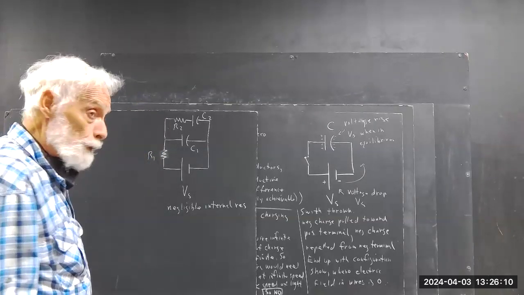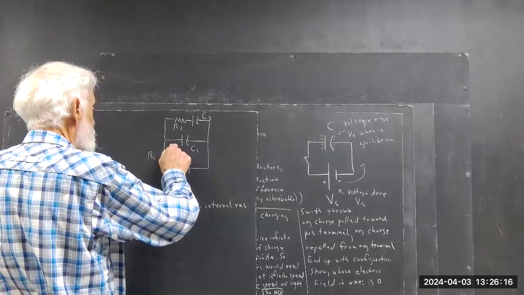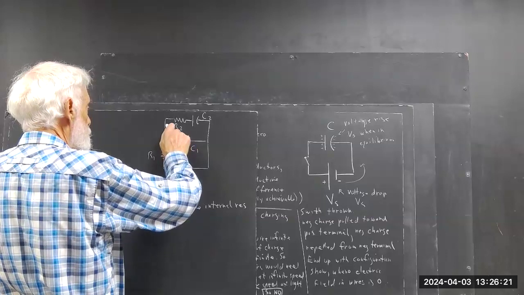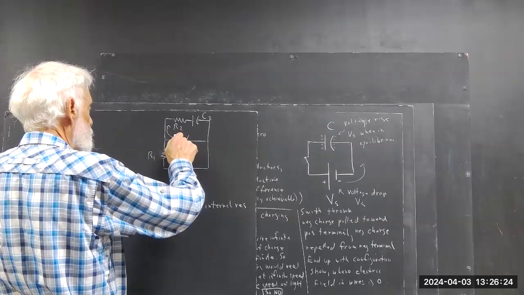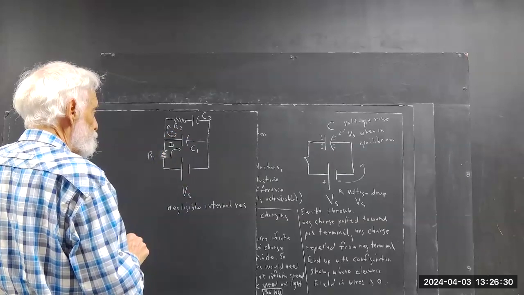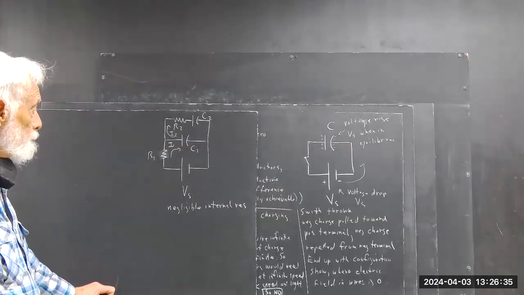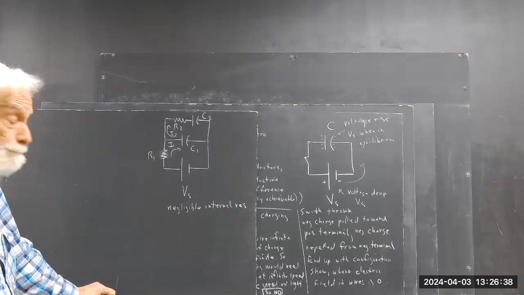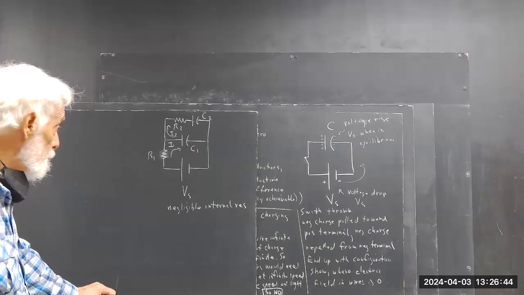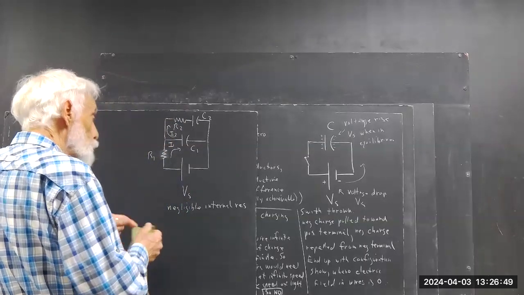Well, first of all, you're going to have a current I1 and a current I2. I'm drawing loop diagrams.